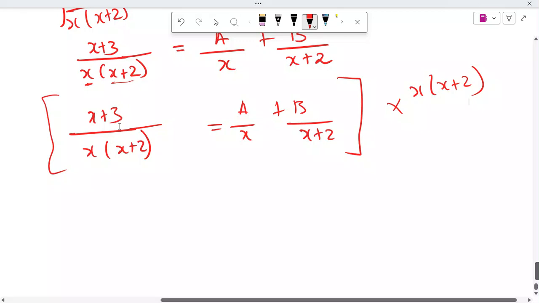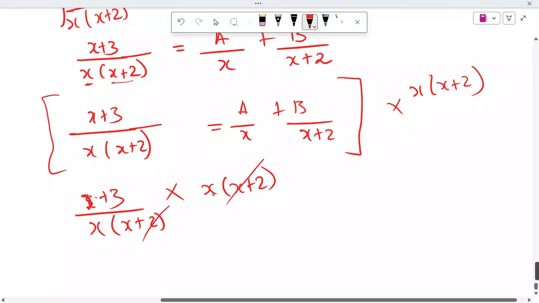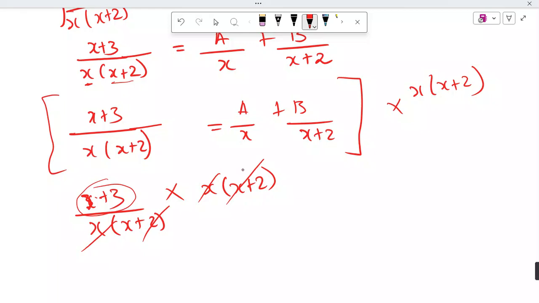If you see this side, you have (x + 3) over x(x + 2). If you multiply this by x(x + 2), this and this will cancel. We want to remain with this one. This is this side. And also this A over x, you multiply by this.